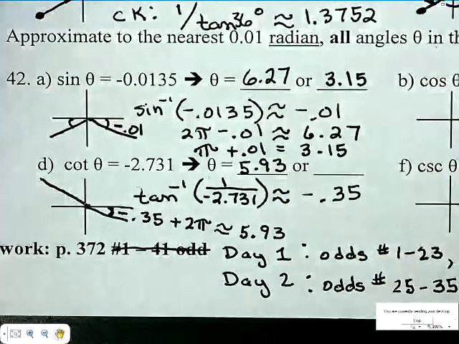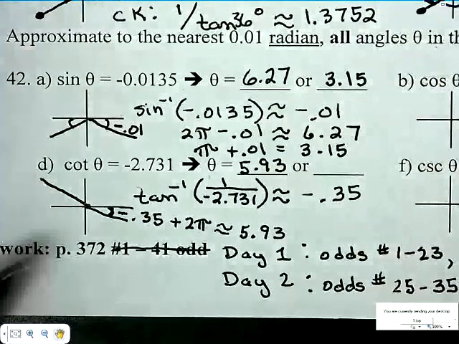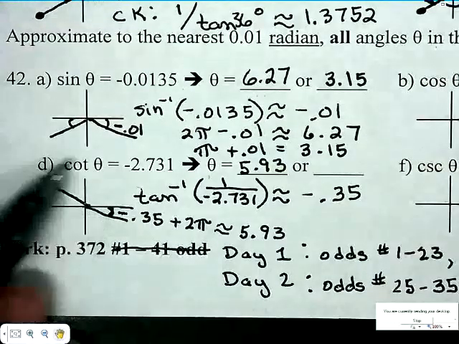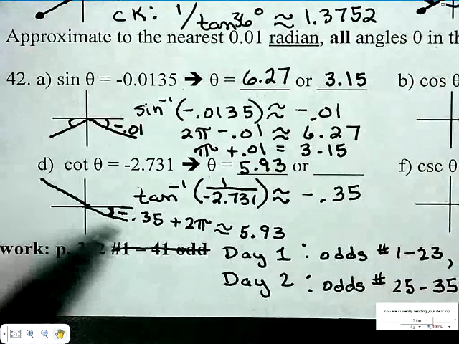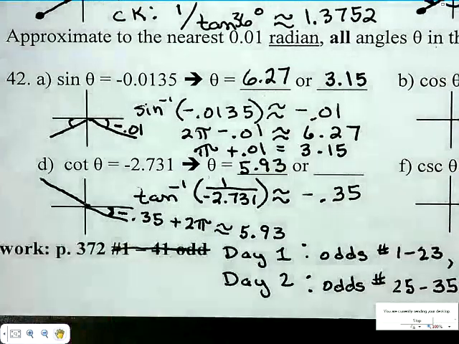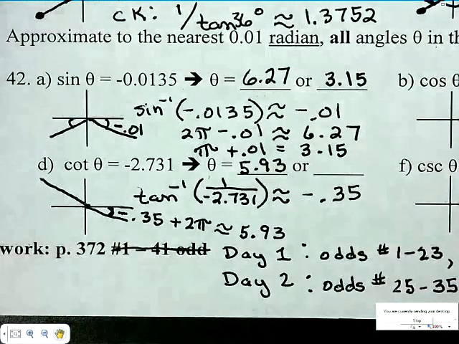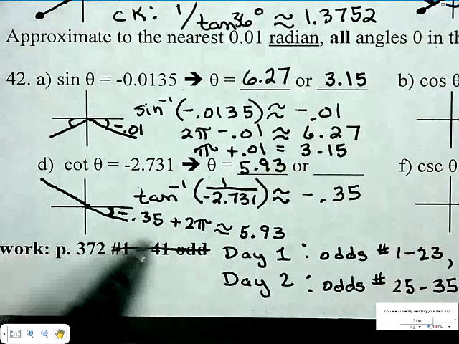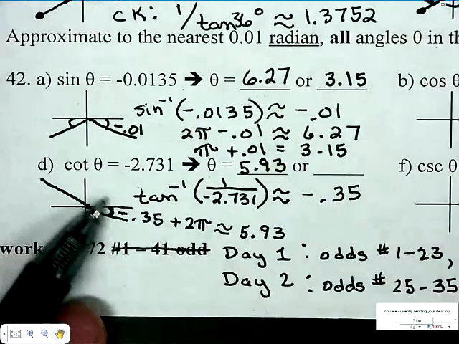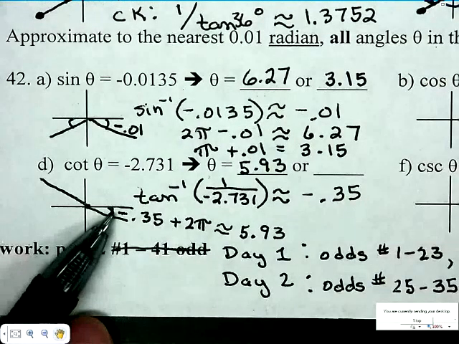Okay, you could just add 180 degrees to this, or since we're talking about radians, add pi radians to this negative 0.35. Actually, the way I was thinking of it was this is about a third of a radian below the positive x-axis.